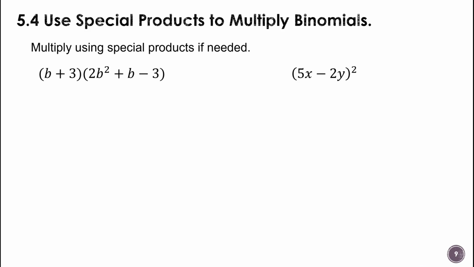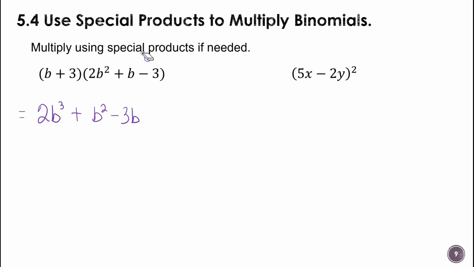Okay, so there's no shortcut on this first one. You just have to multiply this thing out. So we're going to take b times 2b squared. So that will be 2b to the third. And then we're going to take that same b times b, so that's going to be plus b to the second. And then we take b times negative 3, so negative 3b.